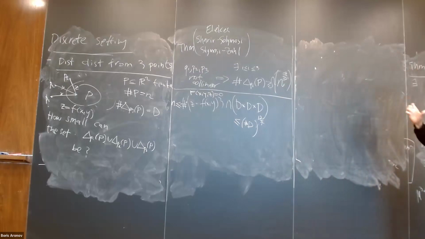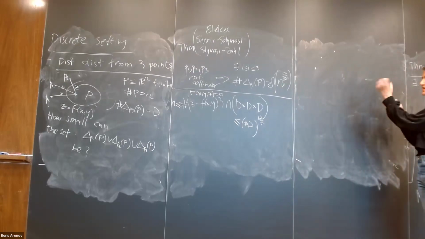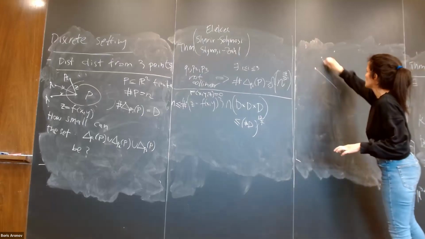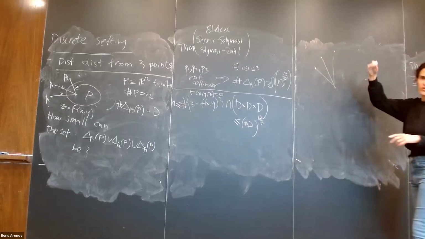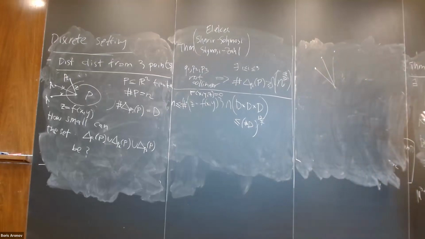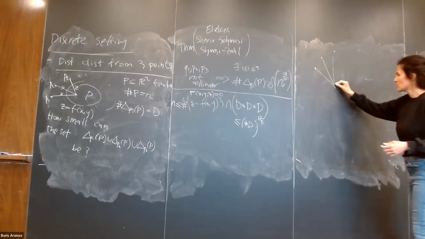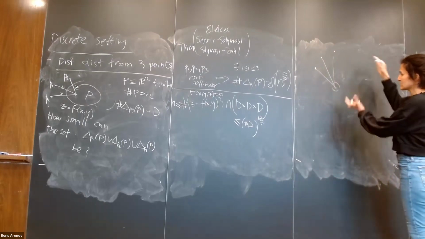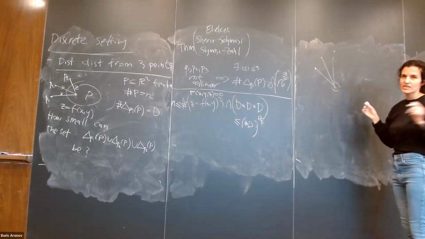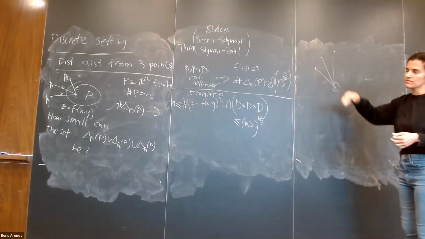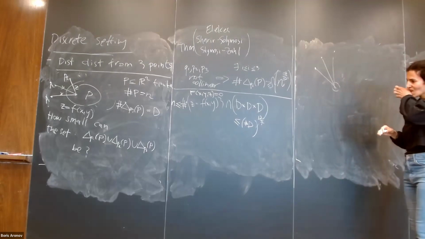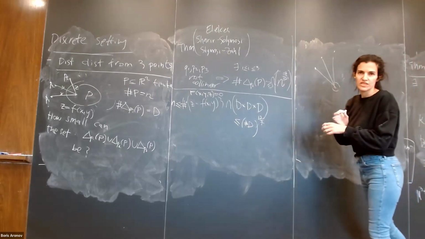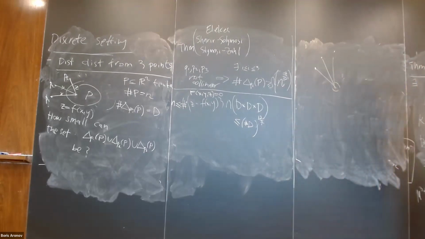So if we only measure the delta covering number of the set of distances, we can't tell the difference between 3 points that are almost collinear and 3 points that are actually collinear. The set of distances will look as if those points were collinear, and we won't be able to prove such a bound, right?